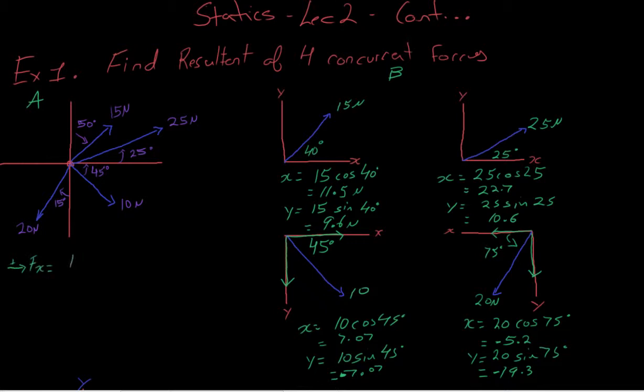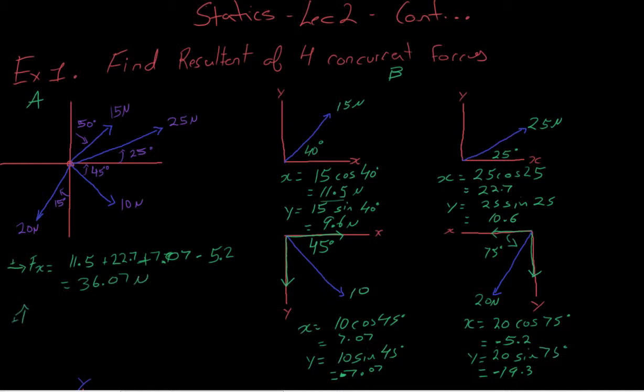First of all, we have 11.5 from here, plus 22.7, plus 7.07, minus, remember this is the only x component that's going in the negative direction, so it's going to be minus 5.2. That equals 36.07 newtons.